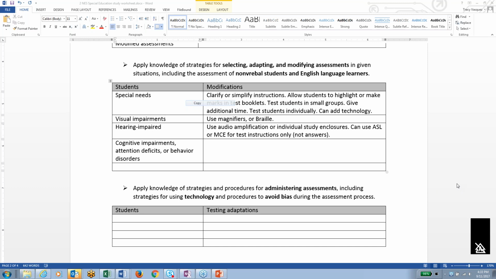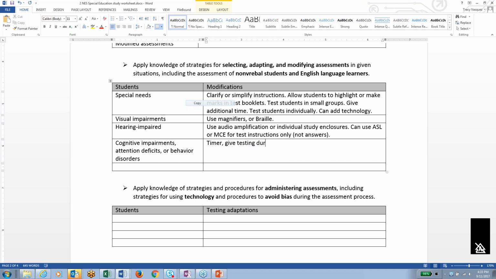Let me see. Attention deficit, behavior disorders. Oh, okay. We use maybe timers, like we do in class for students with attention deficit. Say for instance, give them a timer and let them know they have so much time to sit before they can move on to something else or be allowed to do something else.